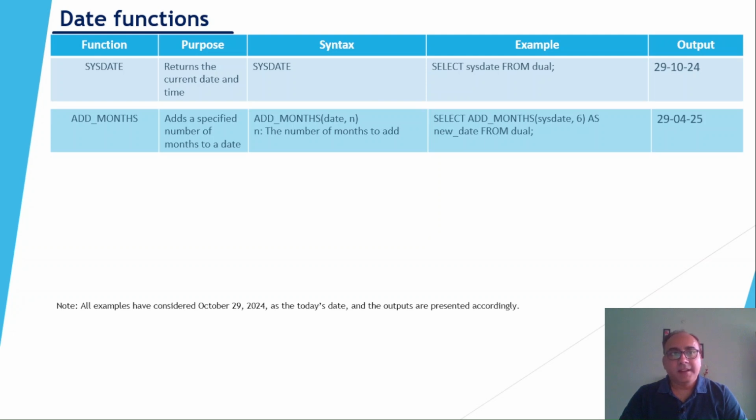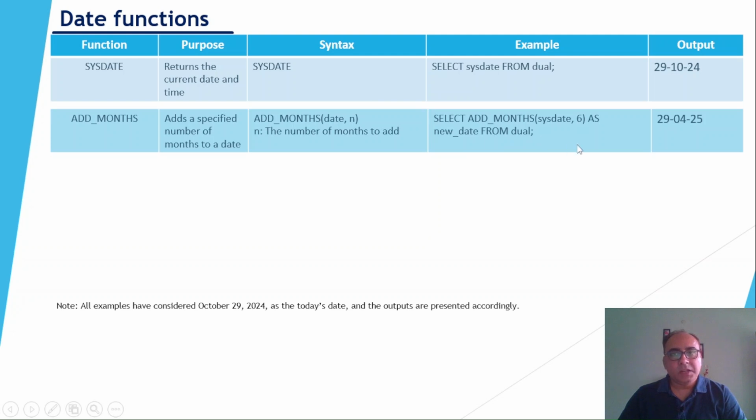Next we have ADD_MONTHS. This basically adds a specified number of months to a date. Syntax here is ADD_MONTHS(date, n). Here n is the number of months to be added. For example, select ADD_MONTHS(SYSDATE, 6) as new_date from dual.